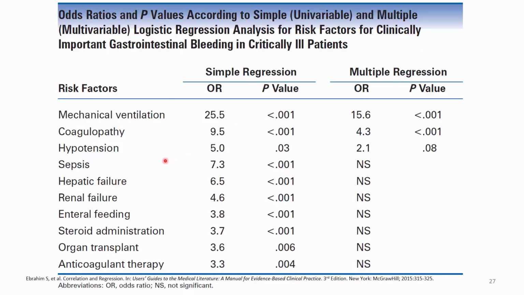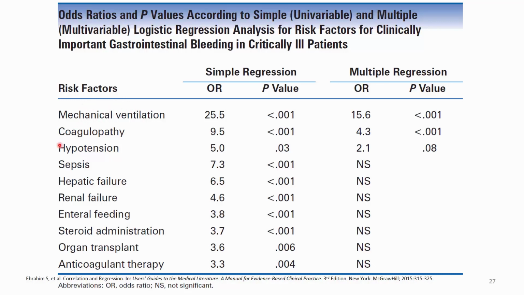So the danger of just doing a bivariate analysis is, if you only look at one risk factor, you don't know how much the other risk factors are contributing. So in order to fix that problem, you do a multivariate regression. In other words, you put all of these variables in the model, and then you analyze one by one.